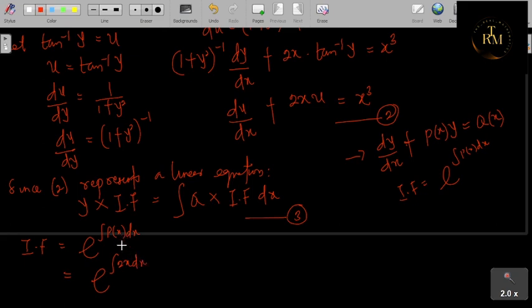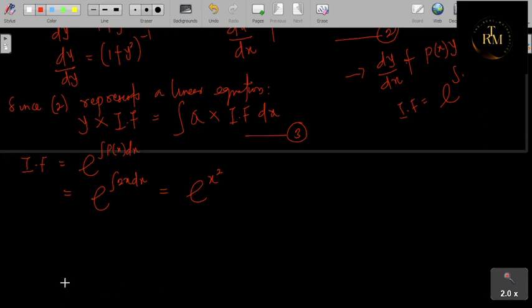If I evaluate this, the integral of 2x dx is x². So at the end of the day, I can say that my integrating factor is the exponential of x², that's e^(x²).